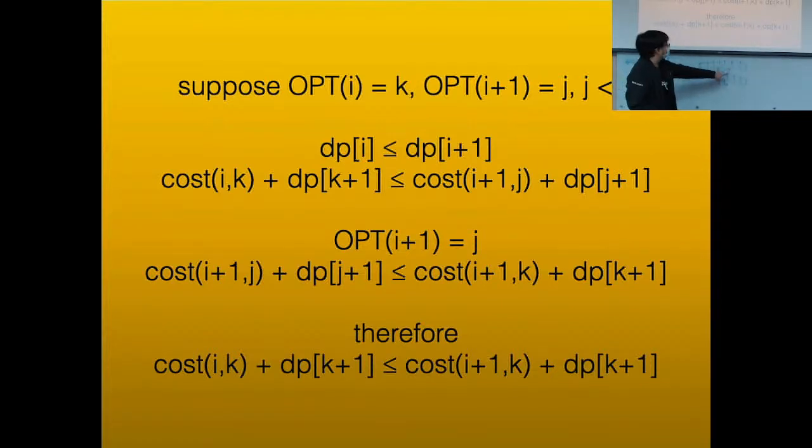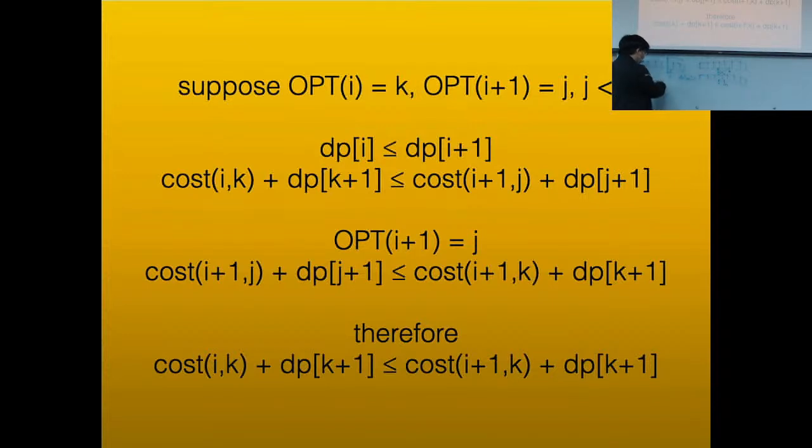Sorry, the other way around. Let's say OPT(I) is K and OPT(I plus 1) is J, where J is smaller than K, right? And we know the DP value of this.